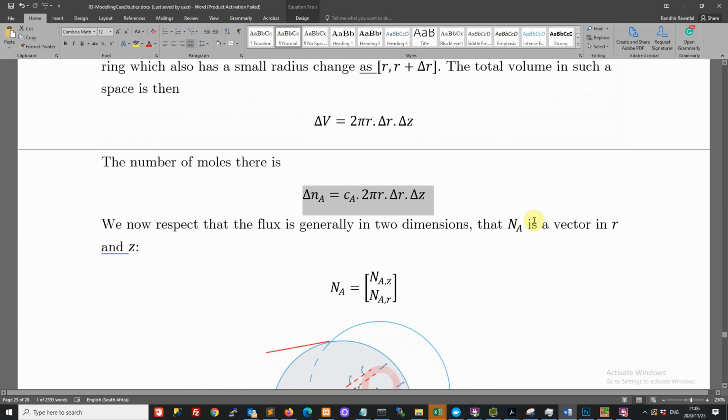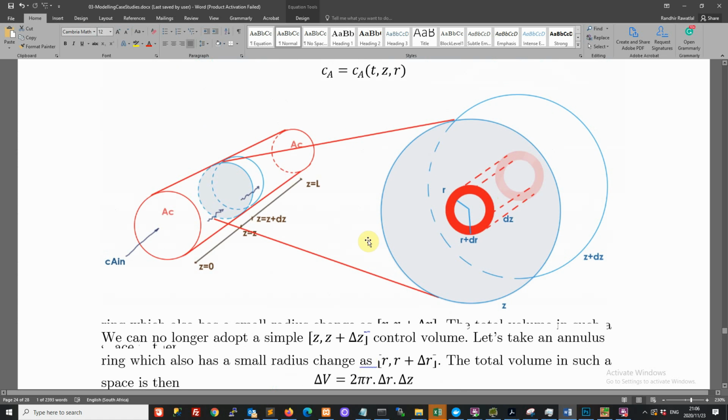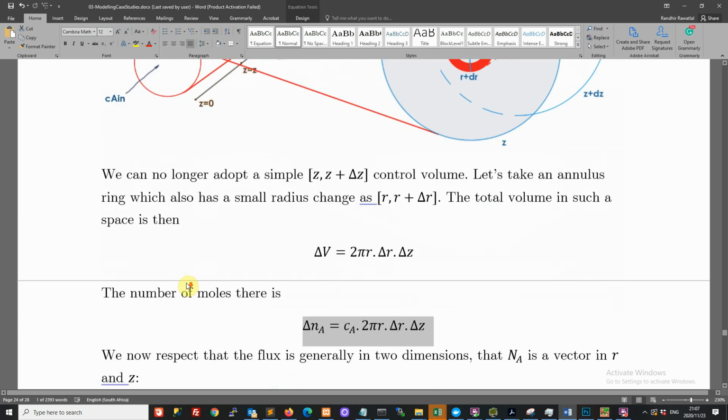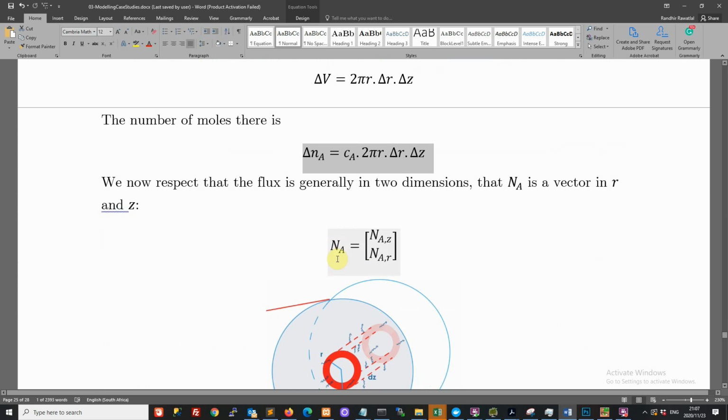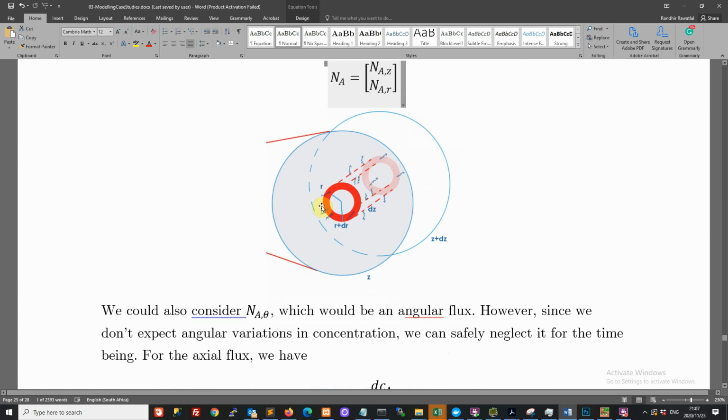Now we have to consider flux, and again, flux is in 2 dimensions. Number one, as we said, we expect the concentration to vary down the pipeline, but also because the component is permeating through the walls and diffusing away from the tube, we also have a flux in the R direction. So we've got flux in the Z direction and flux in the R dimension. We can acknowledge now that the flux is a vector in both Z and R. So we can sketch that here.